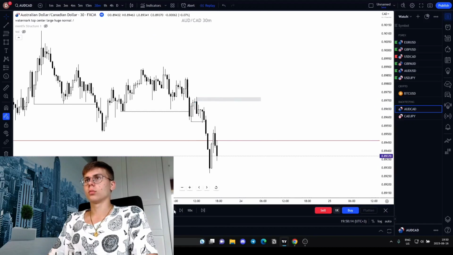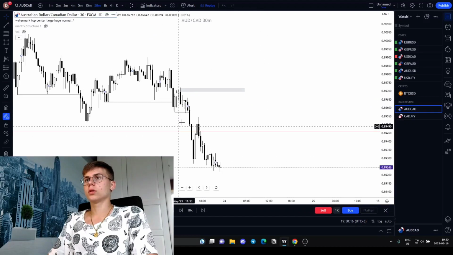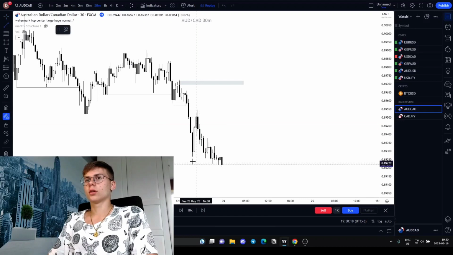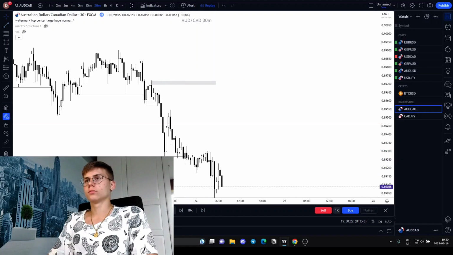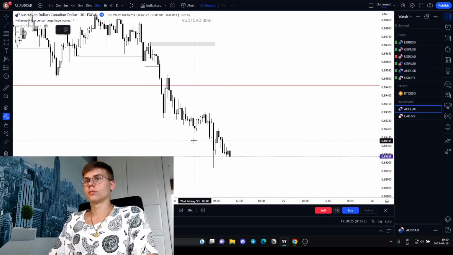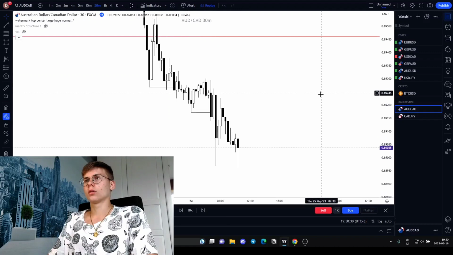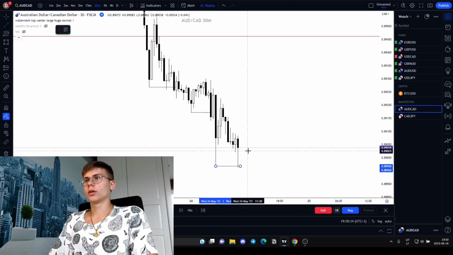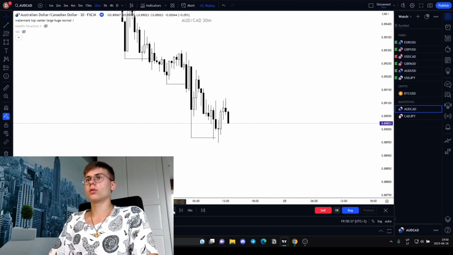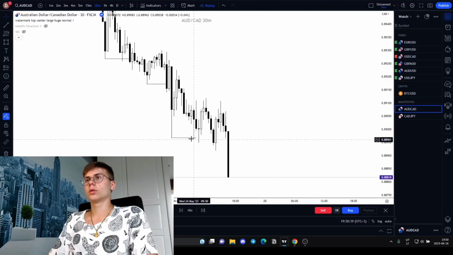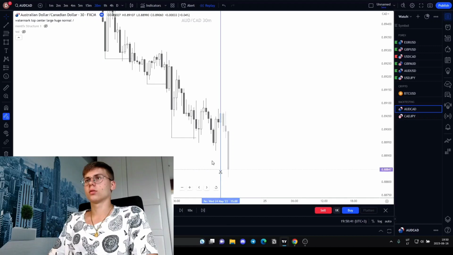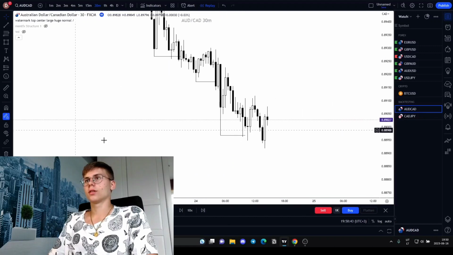In a mitigated zone. Okay, another break. Second break. Probably we will get another. No. Yes. Oh shit. It is a good zone.